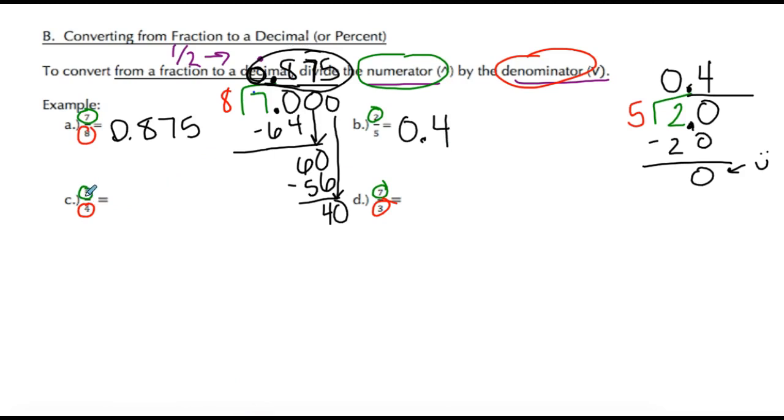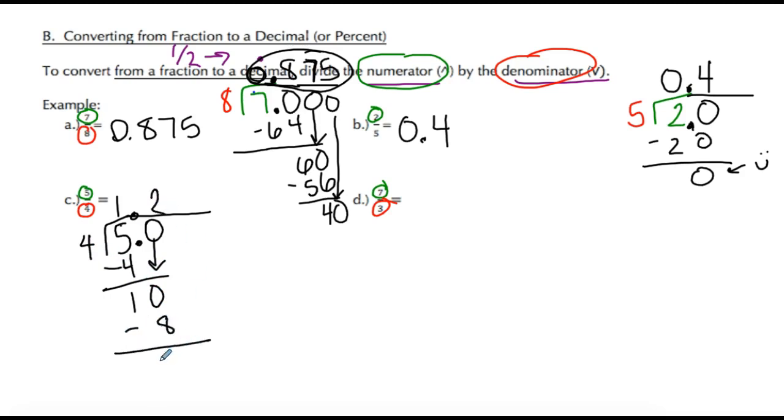Let's try another one. 5 over 4. So that means I'm going to take 5 divided by 4. 4 goes into 5 one time, with 1 left over. 4 does not go into 1. So I add my decimal point, add a 0, bring it down. 4 goes into 10 2 times.